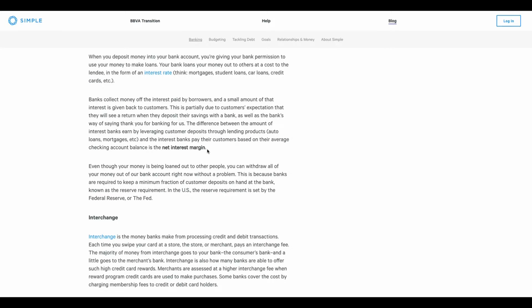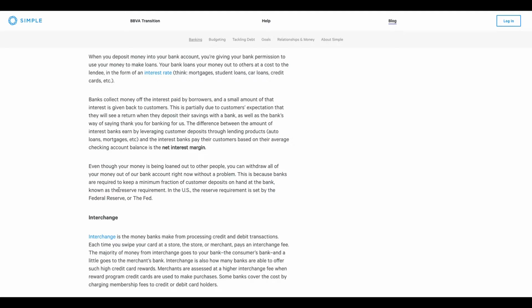So yeah, you the borrower who needs a loan have to pay interest when you use it, and as I've just shown, you, the customers of that bank, get very little in interest. The difference between the interest that banks charge and the interest that banks give customers is the net interest rate.